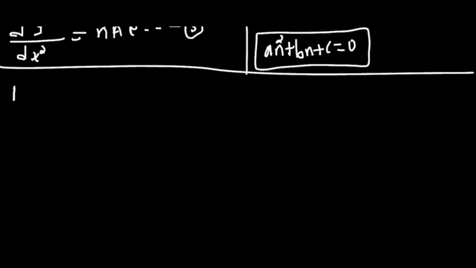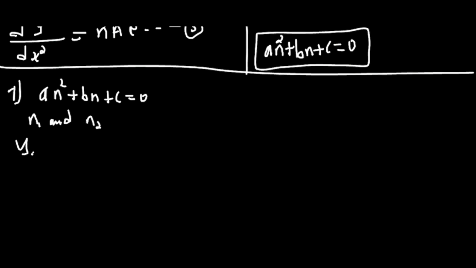So now we're going to go on to looking at the type of roots. So after solving a n squared plus b n plus c equal to 0, if we have our roots n1 and n2, and we discover that this quadratic equation has two real and distinct roots, therefore the complementary solution will be given as a e to the n1x plus b e to the n2x.